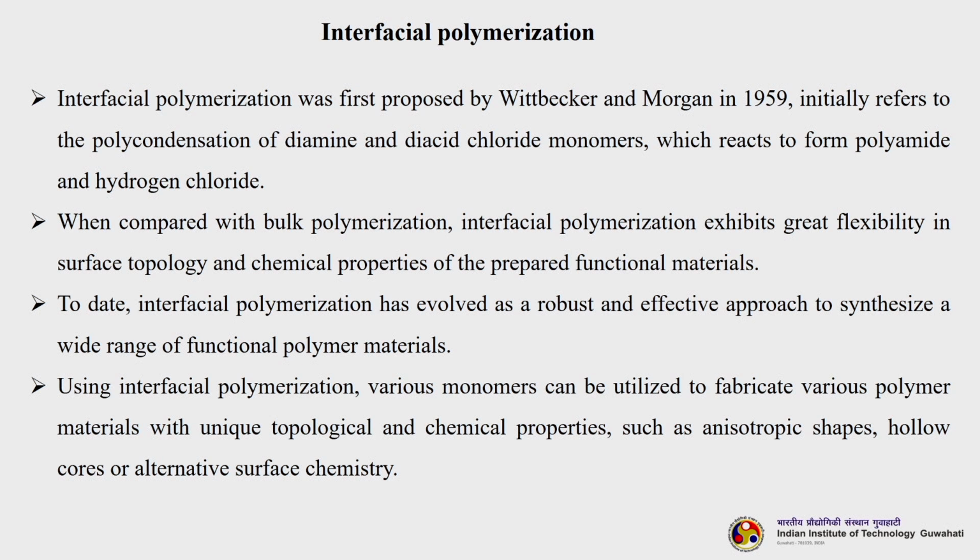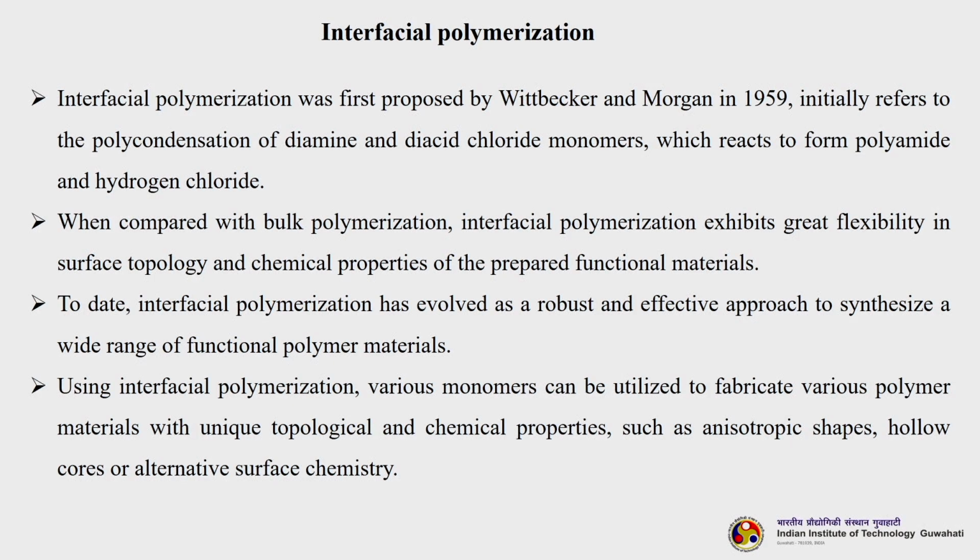So, let us now understand and learn what is interfacial polymerization. As I told you earlier at the beginning of this particular class, interfacial polymerization is one of the most important breakthroughs in membrane science and technology. It was first reported by Whitbaker and Morgan in 1959, long back.